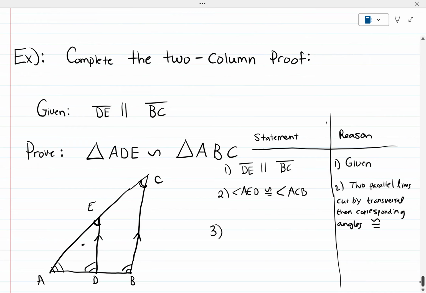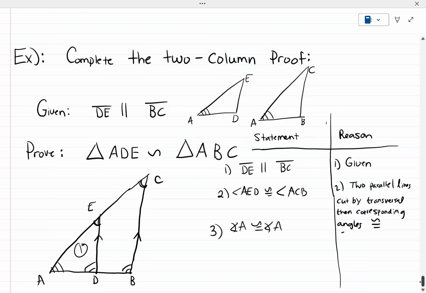This first triangle would be like this, and then the bigger main triangle would be this. So you say angle A is congruent to angle A, and the reason would be the reflexive property.